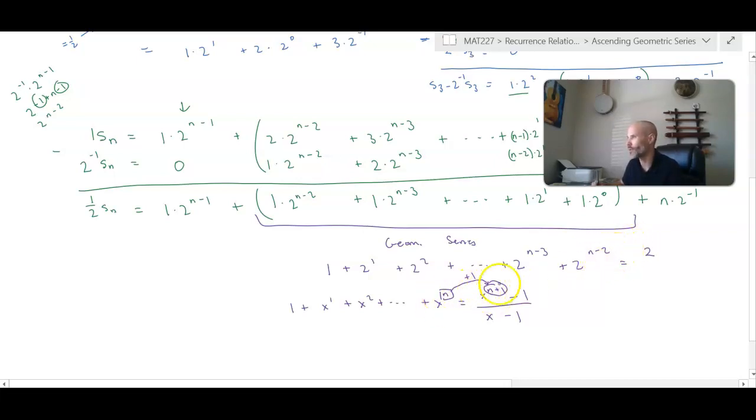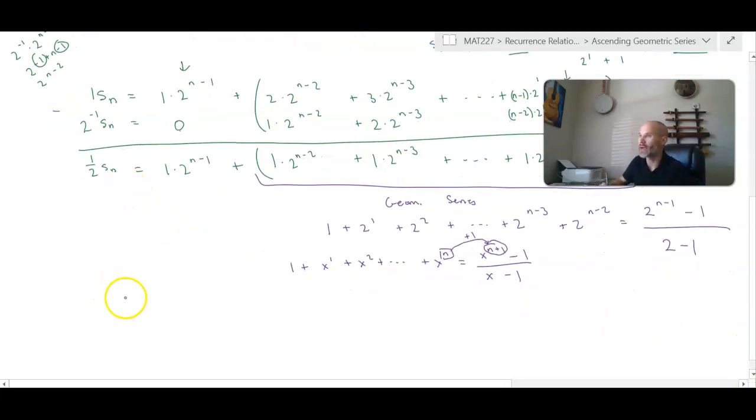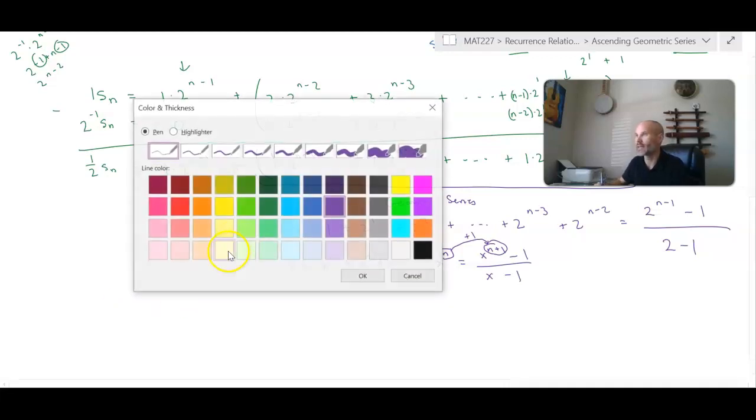Remember, this power plus 1 will give you the power on the right-hand side. So n minus 2 plus 1 is n minus 1. And then subtract 1 from that, that's this minus 1 here, over 2 minus 1. And in this case, these two values here produce 1, and then you get 2 to the n minus 1 over 1. All that to say, okay, now let's come back to what we had. We had 1/2 of Sn.